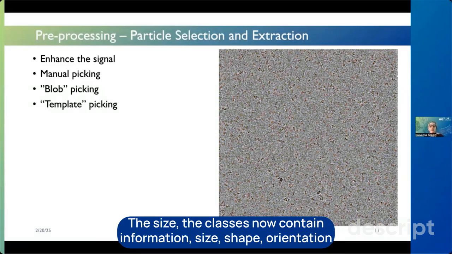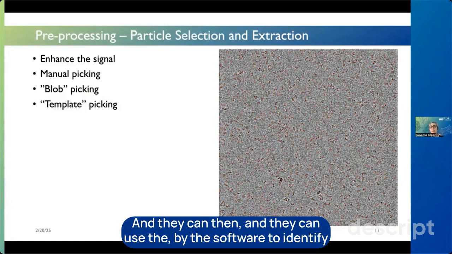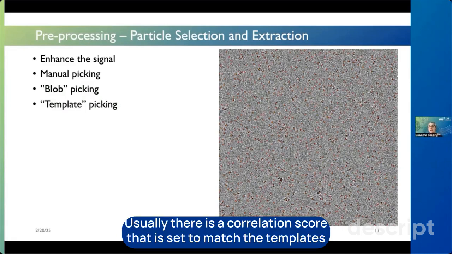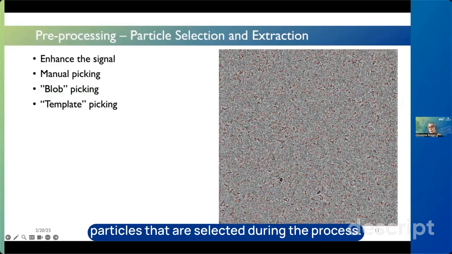The classes now contain information on size, shape, and orientation of the objects that we are looking at, and they can be used by the software to identify other particles in the micrographs. Usually there is a correlation score that is set to match the templates to the particles that are picked, and this is to maximize the number of good particles and to minimize the number of junk particles that are selected during the process.